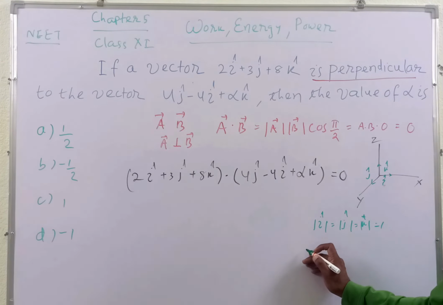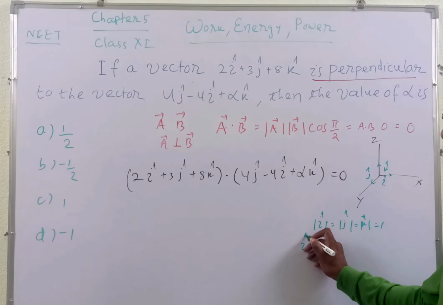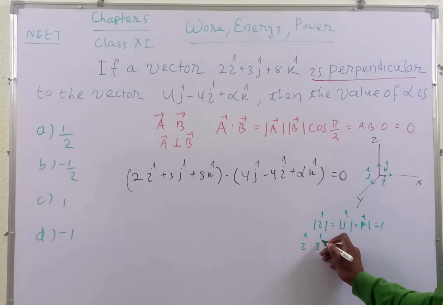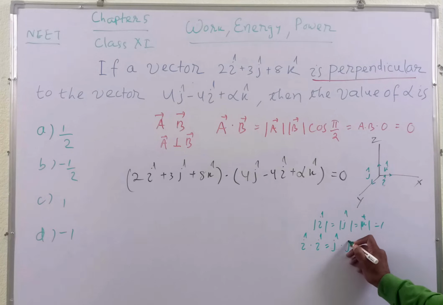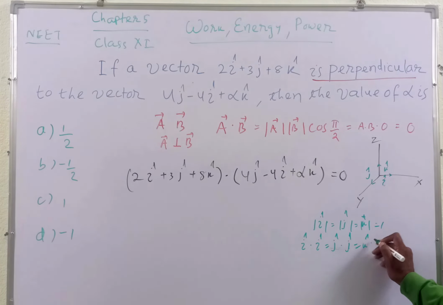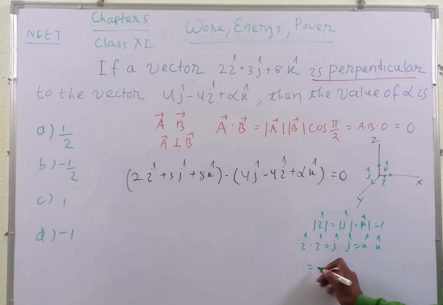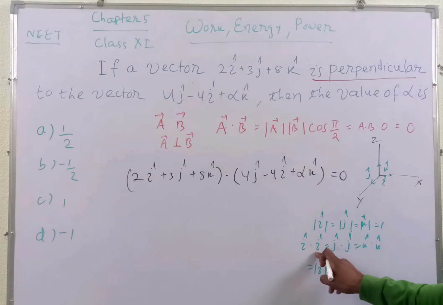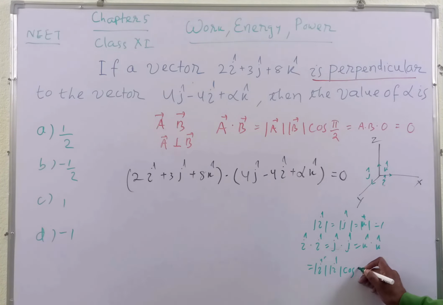Okay, students. So then i dot i, or j dot j, or k dot k will be how much? i dot i is equal to mod i mod i cos of the angle between i and i, that is 0.